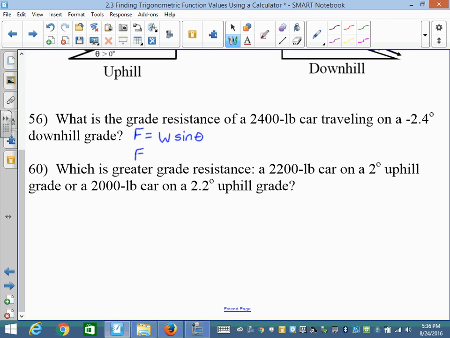So F equals 2,400 sine of negative 2.4. Throw that lovely thing into the calculator and you get F equals negative 100.501569.